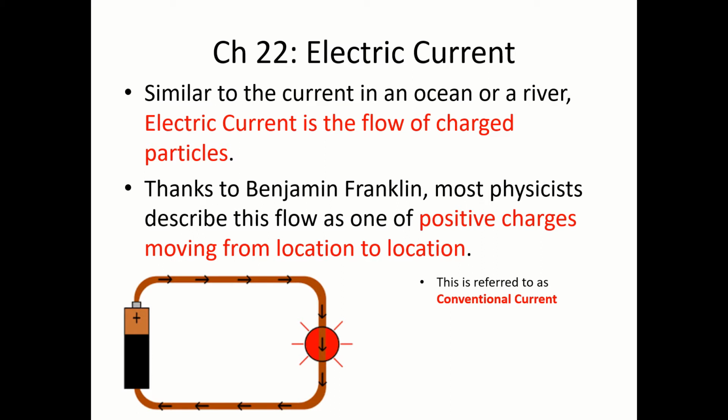Benjamin Franklin had this understanding back in the day where he's running through lightning storms with kites, and we understood at that point that there were oppositely charged things, like charges repel one another, opposite charges attract one another, and we labeled those as positives and negatives because those are the two most polar opposite things we could name them. He flipped a coin and he guessed that they might be positive charges that are moving from location to location. And for a long time, that's what every physics textbook, lecture, and diagram represented.